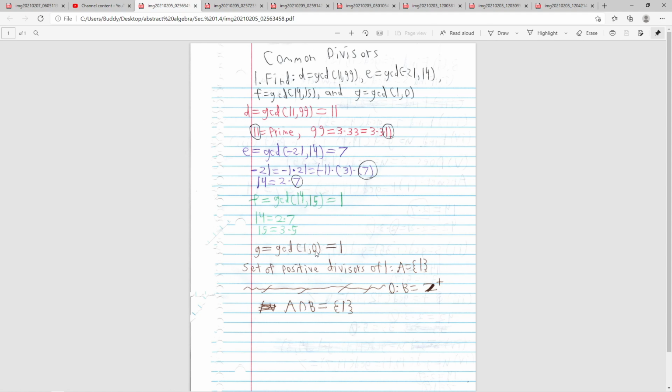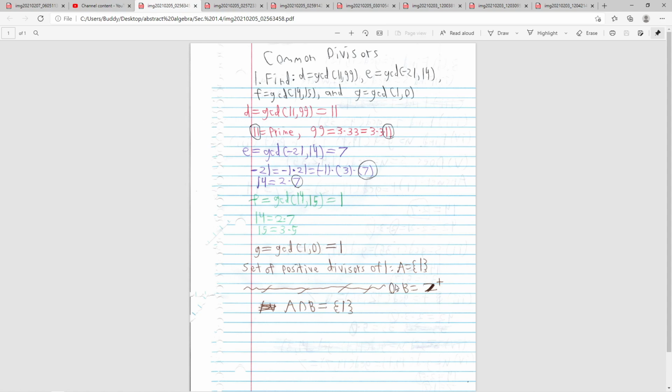And here's the GCD of 1 and 0. It's equal to 1. I'll show it through an intersection of sets. The set of positive divisors of 1 is A equals the set containing 1, and the set B is the set of all positive integers for 0. 0 can be divided by anything: 0 divided by 1, 0 divided by a million, 0 divided by 554 trillion 300 billion.